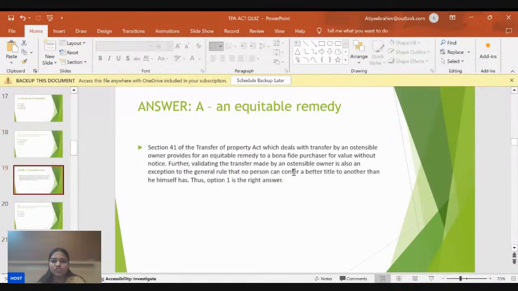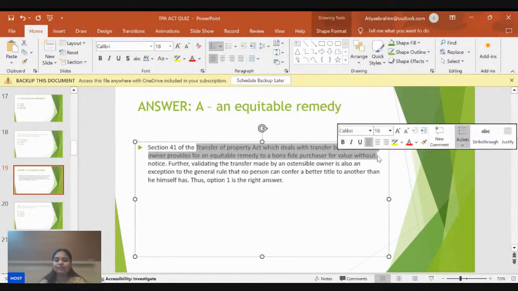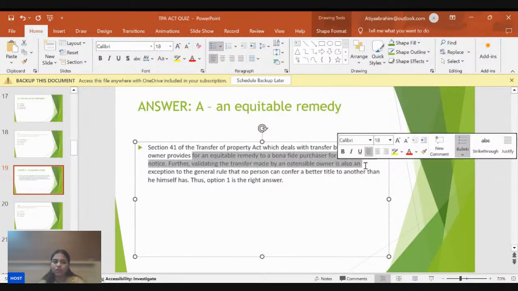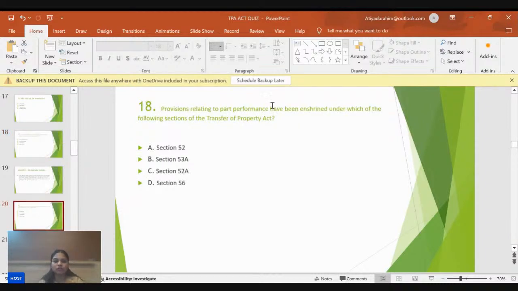Section 41 deals with transfer by ostensible owner, and it provides for an equitable remedy to a bona fide purchaser for value without notice. So, the answer to 17 is equitable remedy only.